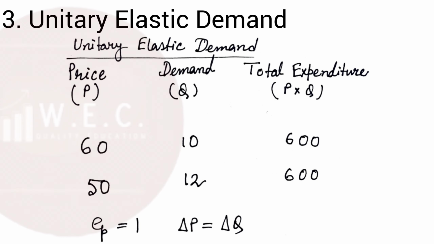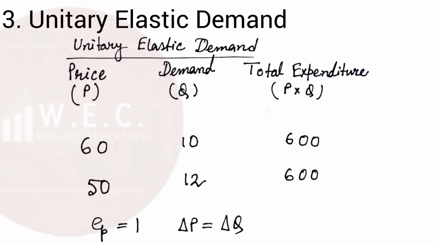Let's see the example here. Price falls by the same unit as before, that is from 60 to 50, but total expenditure remains unchanged. It is because percentage rise in quantity demanded is equal to percentage fall in price. So expenditure remains the same.